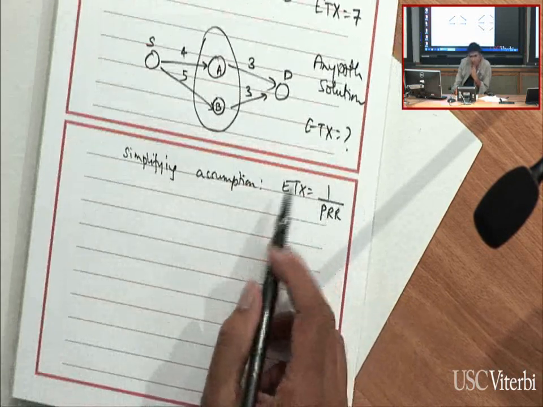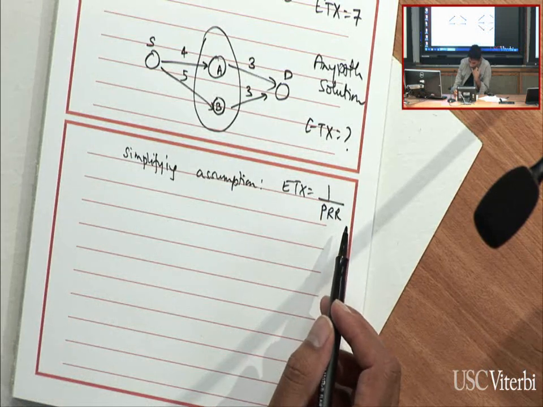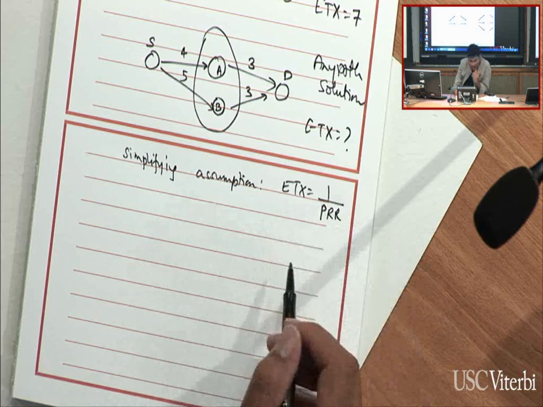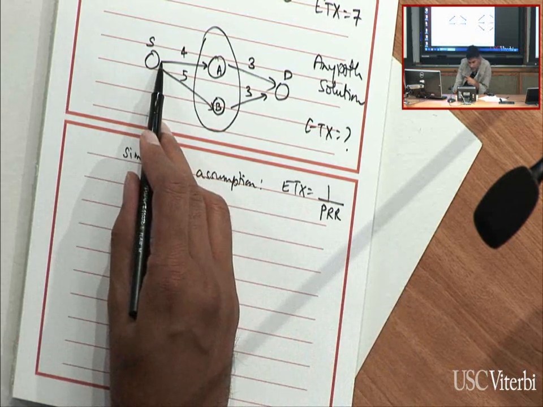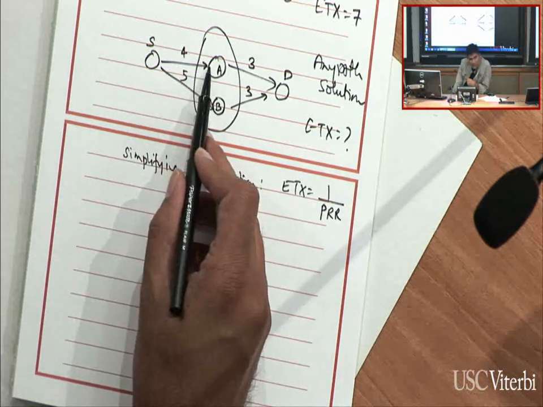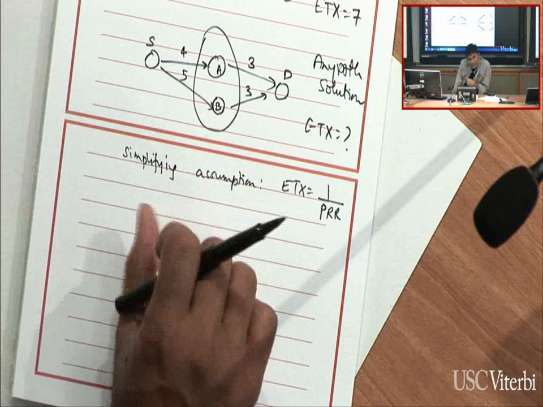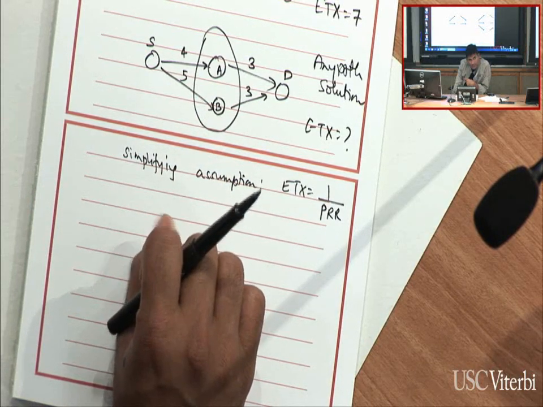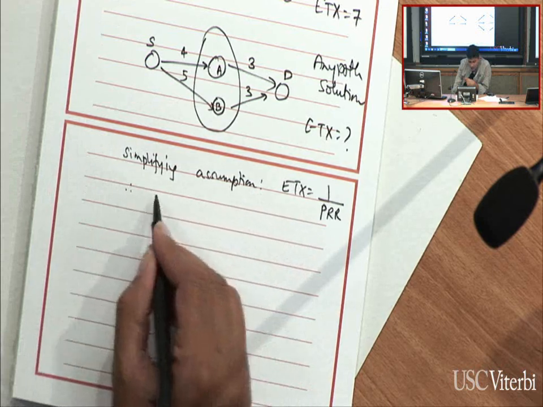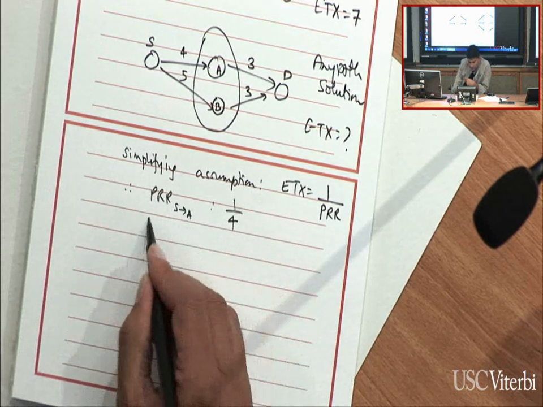Remember that this is a good approximation if your system is basically IID and your ACKs are 100% likely to get back. So if I send a packet, on average it takes me 4 transmissions to get there. The probability that each packet will get through if it's an IID system is 1/4. So therefore, PRR for S to A would be 1/4.